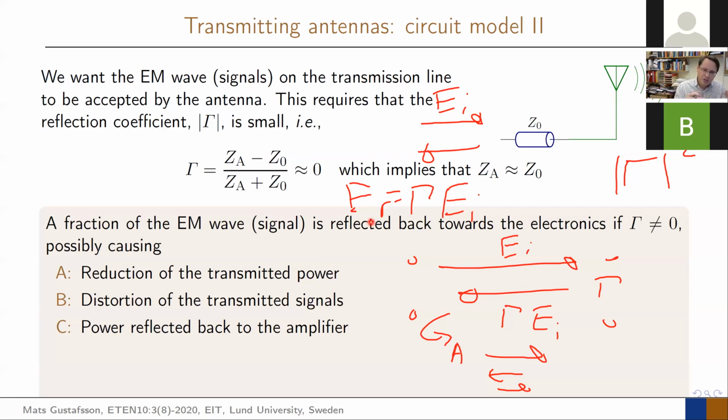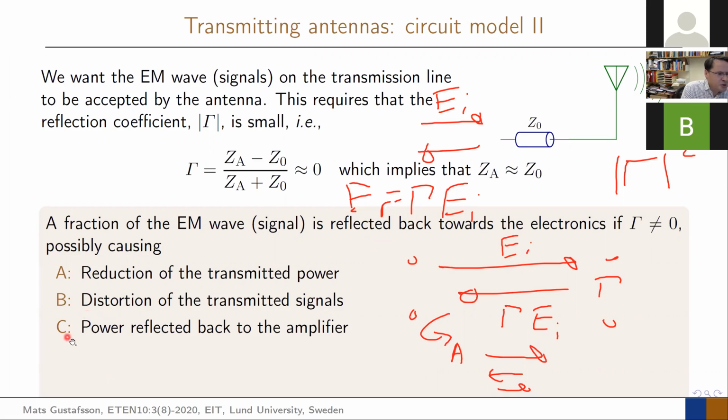So you send your original signal, and then overlaid on that, you get a signal with lower amplitude and a little bit time delayed. And that is one of the effects you can have. Of course, if you make a perfectly matched amplifier, you don't really get this. But you can have that if both of them are mismatched. So that is one of the effects that can come there.